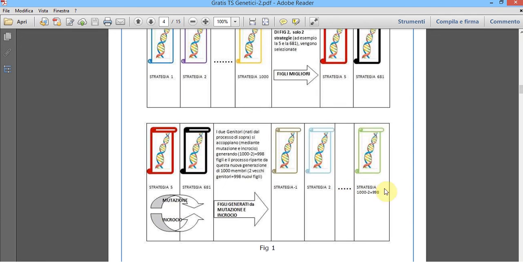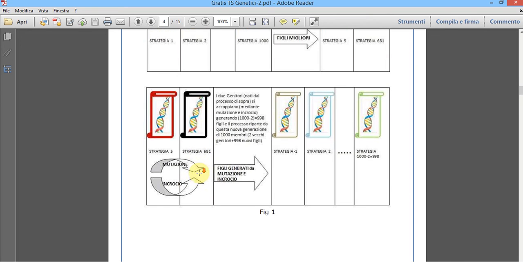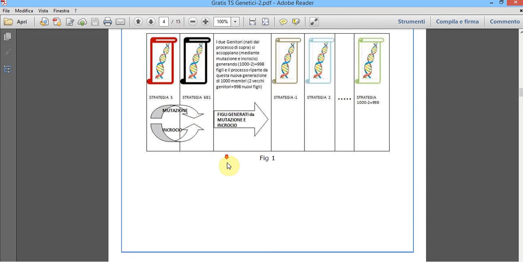That's the concept. The two parents produce children based on mutation and crossover. In one, the parent's genome is combined with part of the other parent's genome to produce the child genome, and the other one is mutation.